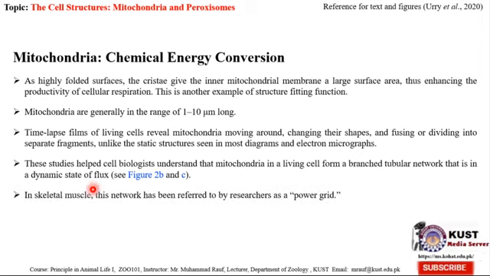In skeletal muscles, this network has been referred to by researchers as a power grid. So, a power grid is an interconnected network for delivery of energy, or if you consider an electrical grid, then the delivery of electricity from producers to consumers.